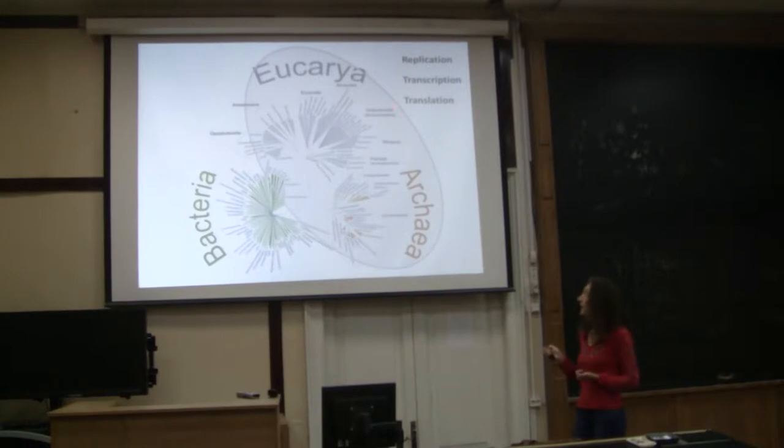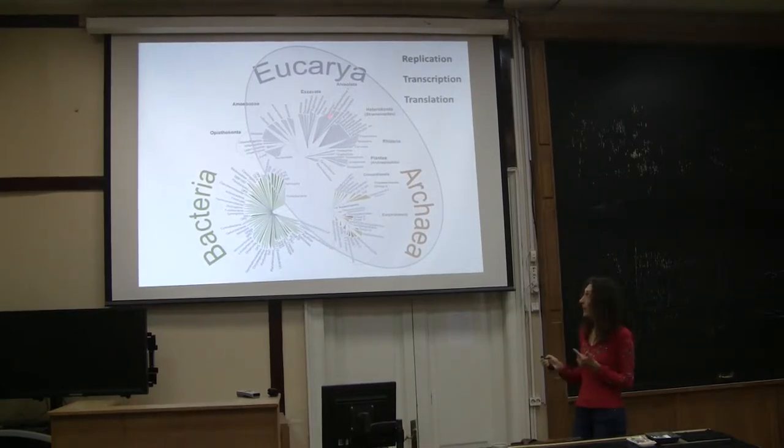This means that they have either only homologs in Archaea, or if they also have homologs in bacteria, they are much more similar to the ones in Archaea. So this is what people call informational genes.